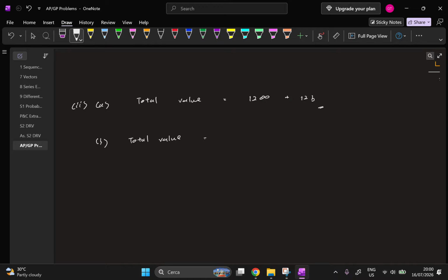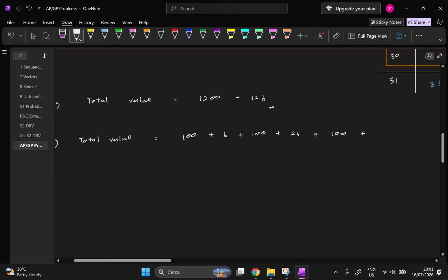Do you see, if n equals 24, at the start of the first month, he puts in 100, and then the bank will add in B. Then he puts in another 100. Then what will the bank add in now? 2B, right? Because there's 100 here, there's 100 here. So the bank will add in 2B. And after the third month, he adds in another 100.